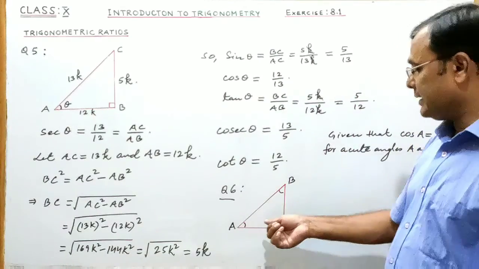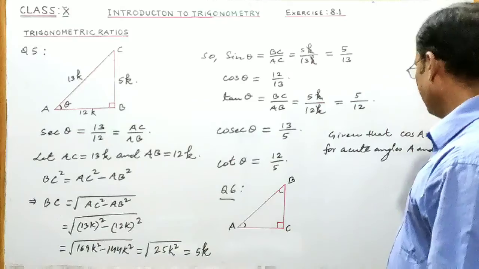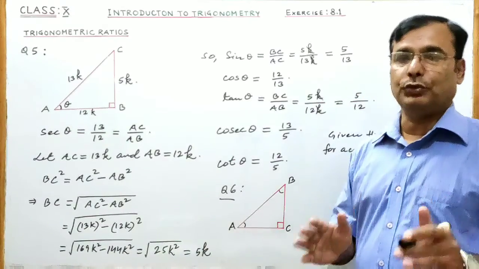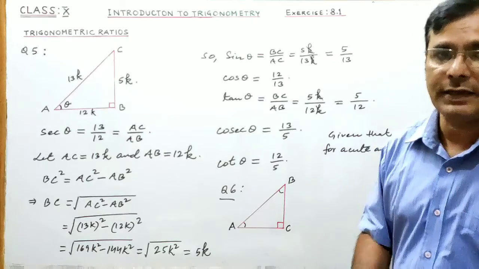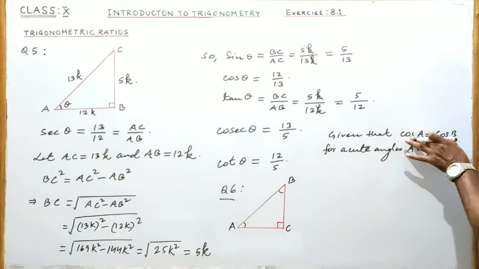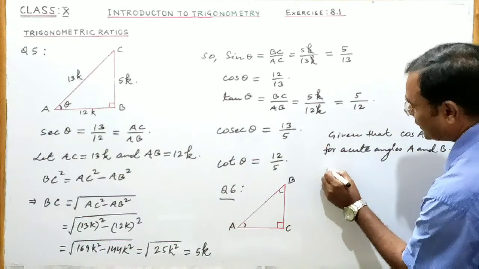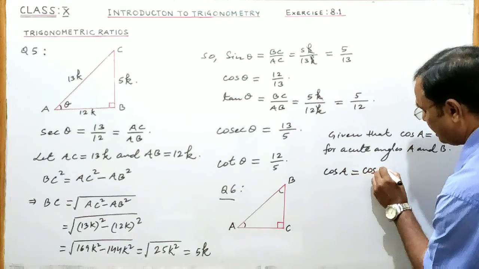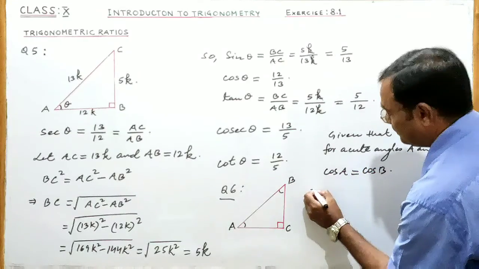Now we have to prove that when cos A is equal to cos B for acute angles A and B, then both the acute angles A and B are equal. So we will move with this given condition: cos A is equal to cos of angle B.